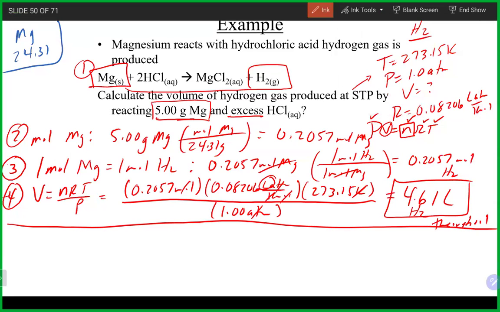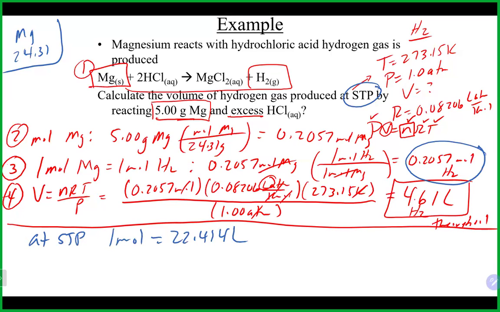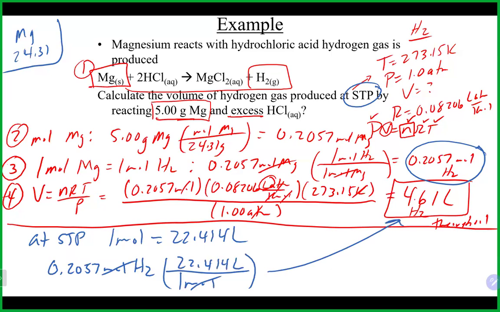And as we talked about, I think last week, there is another way you could have solved this because we are at STP. We know that when we're at STP, 1 mole of any gas will equal 22.414 liters. That means I could actually just have picked up right about here with my moles of hydrogen. And because we are at STP, I could use that relationship of 1 mole to 22.414 liters, and you will end up at the same spot.